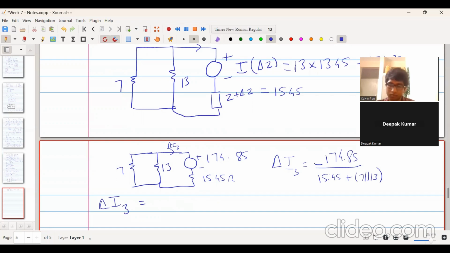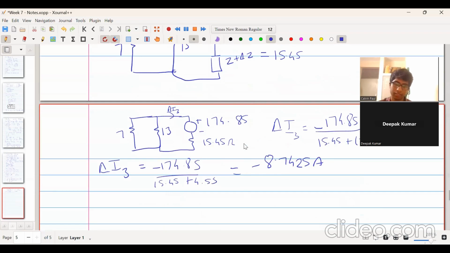So what is this value? 7 into 13 is 91, divided by 20, plus 15. So 174.85 divided by that gives minus 8.7425 ampere.